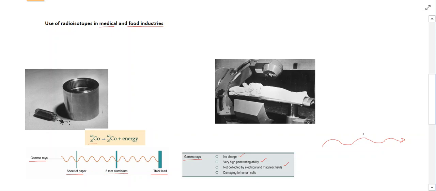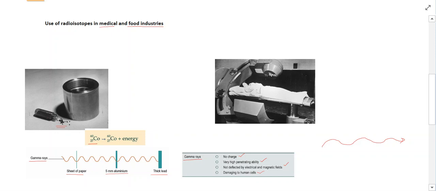The reason it doesn't interact is because it's not positively or negatively charged, and it is very, very damaging to human cells. Ironically, it can cause cancer, but it can be used to treat cancer, which is what we'll talk about. If we have a look at this picture, we can see small samples of cobalt 60.